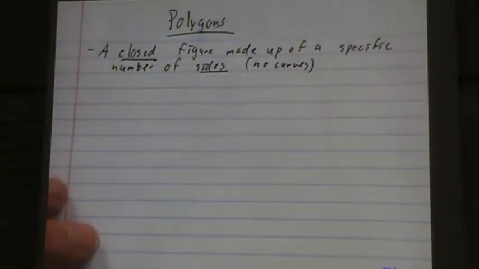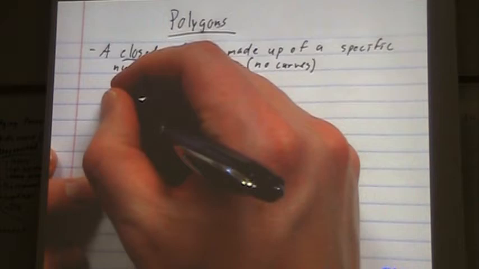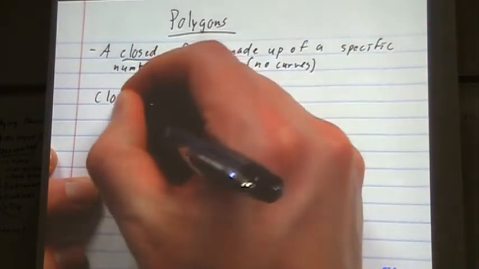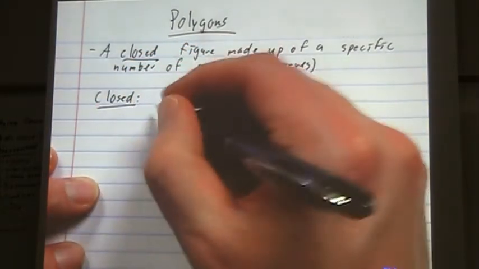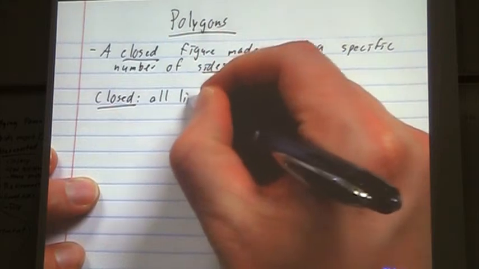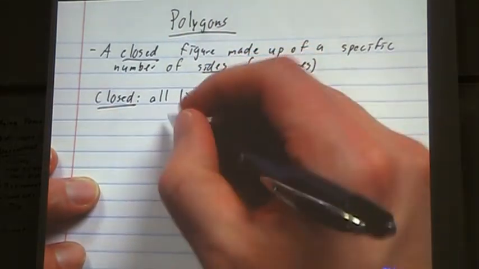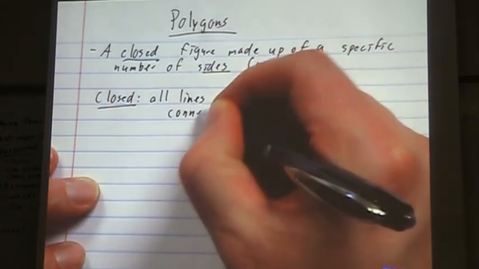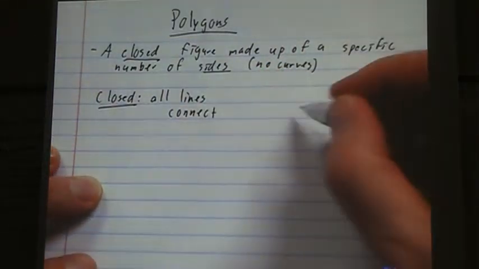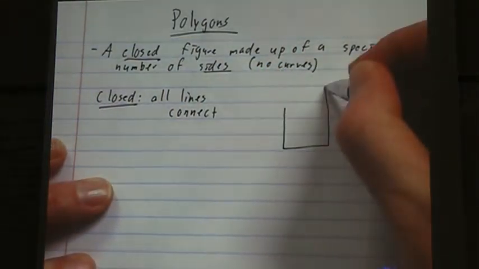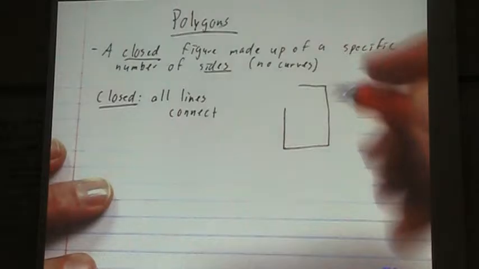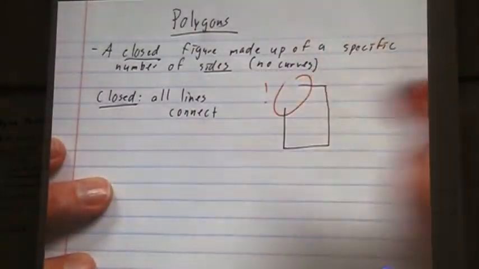And what closed means is that all lines connect. And an example of something that is not closed would be something like this. Here you have a problem. Hey, that's not closed.